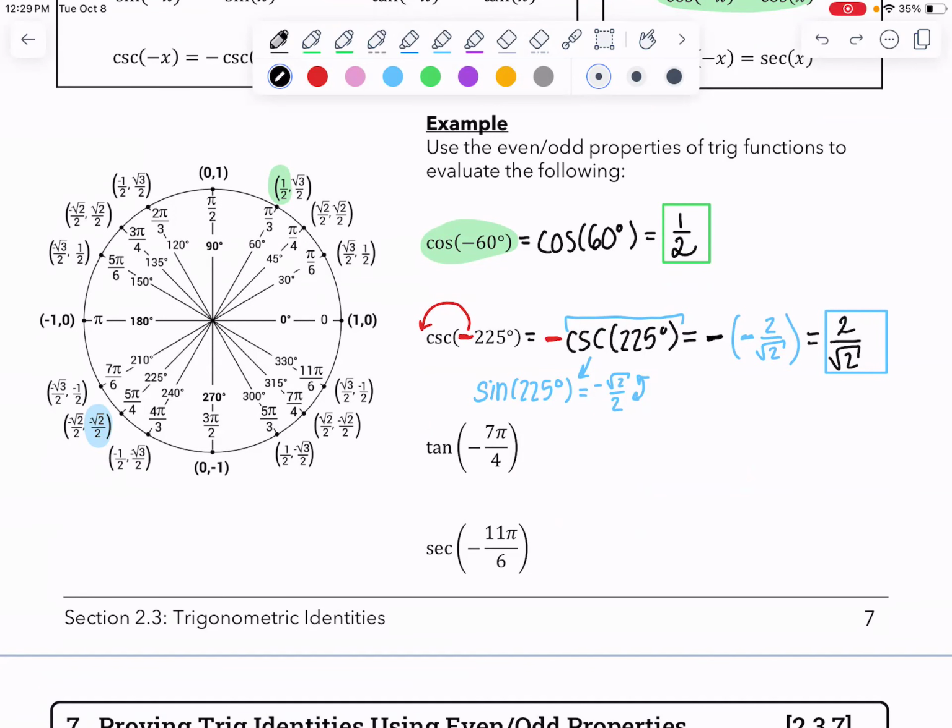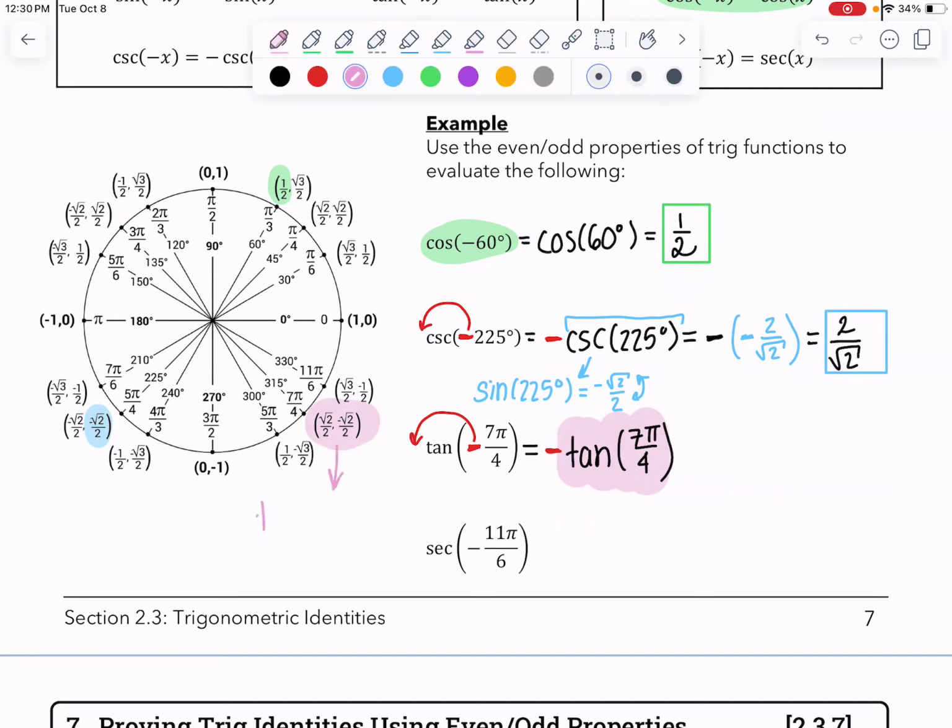All right, next one, same idea. Tangent is also odd, so the negative can be taken out front. So this becomes negative tangent of positive 7 pi over 4. Tangent of 7 pi over 4, I'm dividing the y value by the x value.